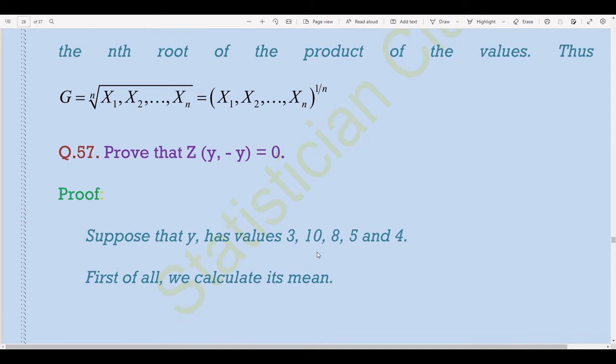Here we write sum of y minus y bar, which is equal to 0.